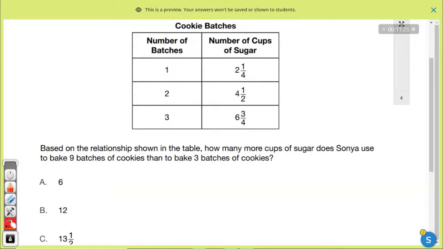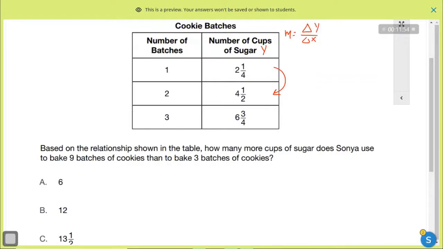All right. In this case here, we're applying our slope. We are recognizing that slope is my change in y over my change in x. And we want to use this information. In this case here, we want to identify what's my change in y first, this being my y value since it's dependent. The number of cups of sugar depends on the number of batches. And if I notice, what does 2 1/4 go up to get to 4 1/2?